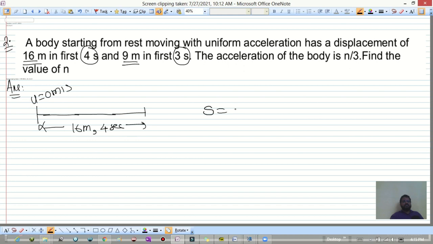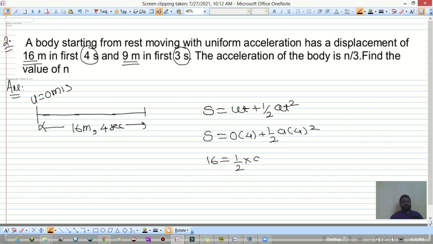So s is equal to ut plus half at squared, using the second kinematical equation. So displacement s is equal to u is 0 into t is 4, plus 1 by 2 a into 4 squared, and displacement is given 16, so 16 is equal to 1 by 2 into a into 16. So this 16 cancels, and 2, a is equal to 2.